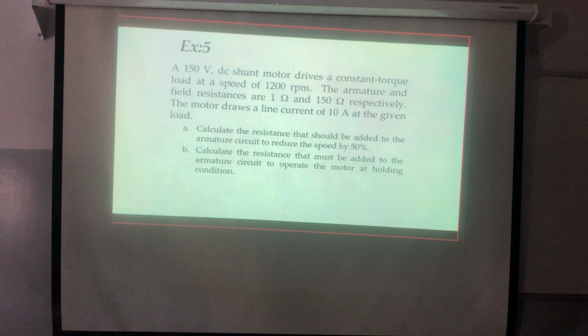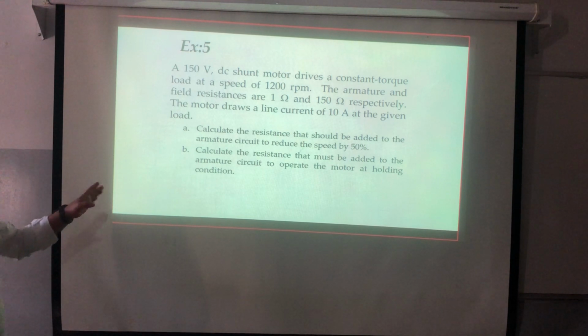Here, the field is constant. Why? Because I'm adjusting the armature circuit by adding an external resistance. If I'm adjusting the voltage, in this case, the field will change. But here simply I'm fixing the field by fixing the total supply voltage, and only adjusting the armature circuit by adding an external resistance.